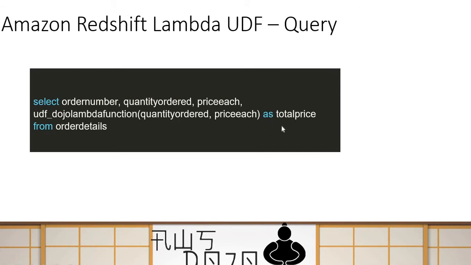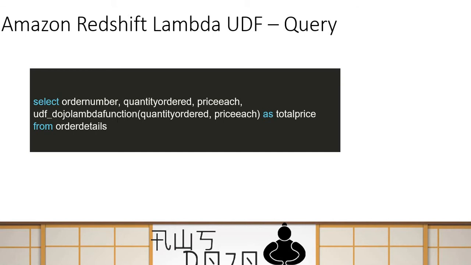Whatever result comes out, I simply give that field an alias called total price. So when I run this query, it is going to call this external UDF function, which in reverse is going to call the actual Lambda function to give me the result.